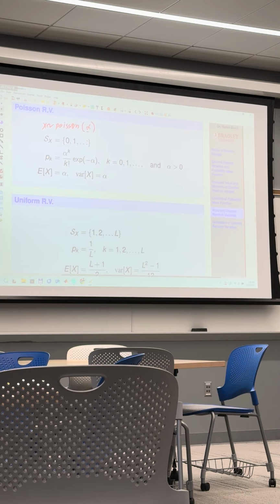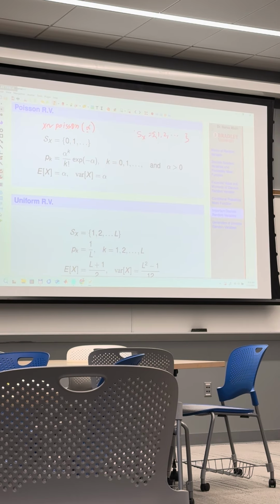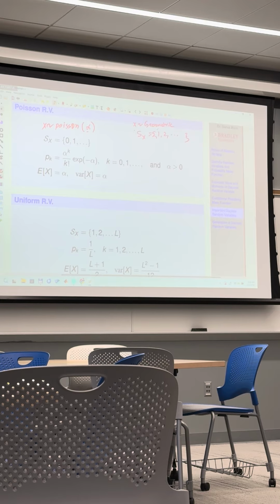It could be just like geometric random variable. Geometric random variable, s sub x, starts from 1 to dot dot dot. If x is a geometric random variable, that's why we derive the mean and variance for geometric random variable.